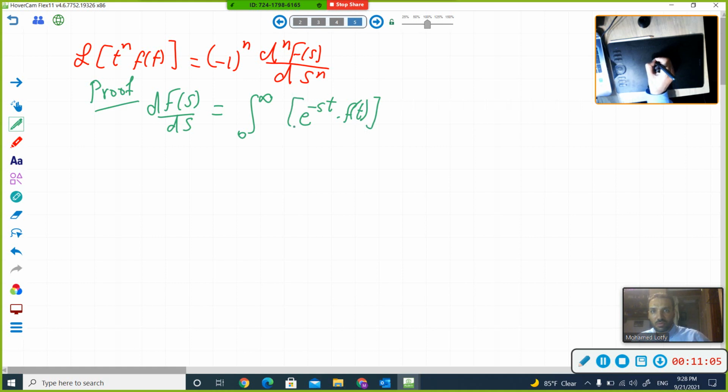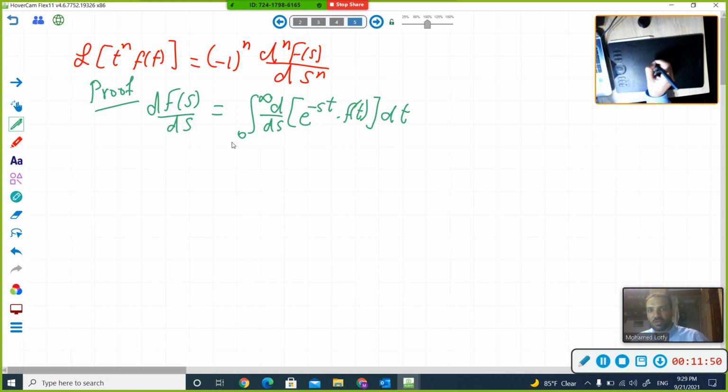Now we apply the derivative operator d/ds, under the integration sign. Take care that the derivative is with respect to s, so t is constant with respect to the differentiation, and we only differentiate the exponential function.